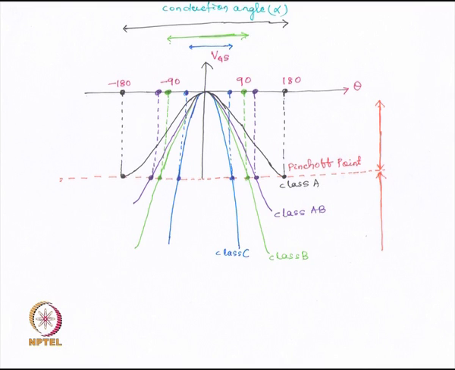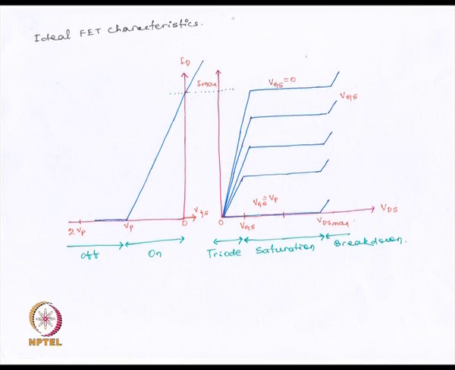Assuming that we have only a single transistor in an amplifier, the characteristics of the transistor that we use for this analysis are what we call the ideal transistor characteristics.